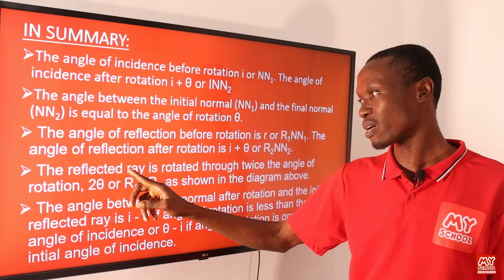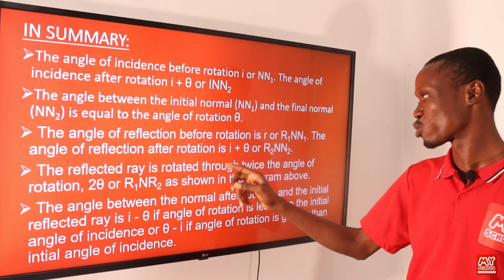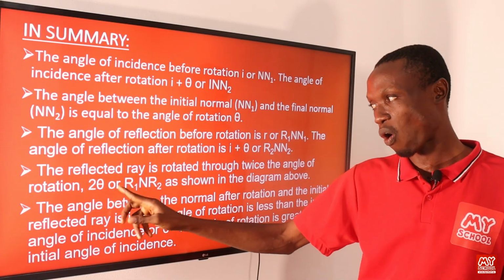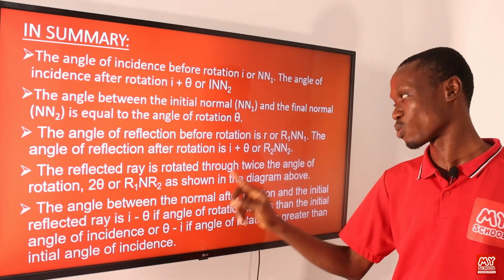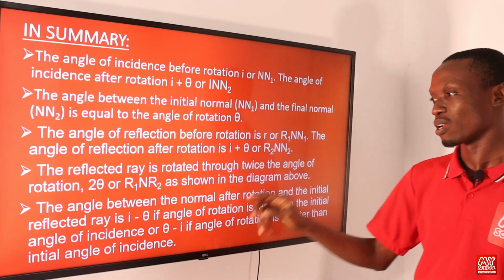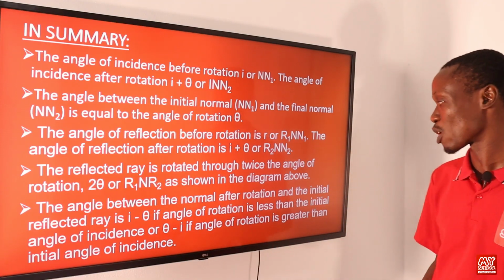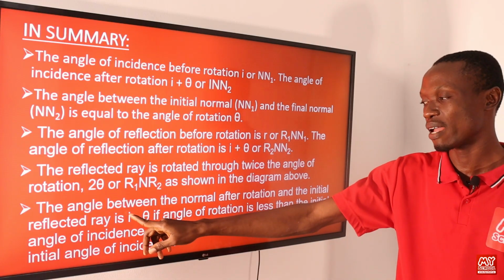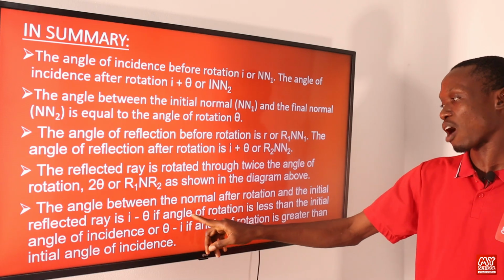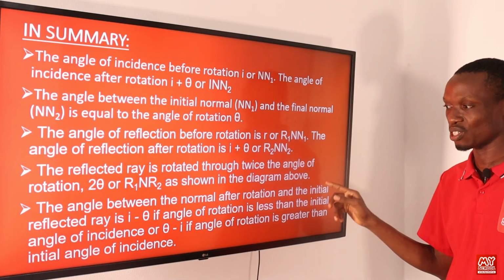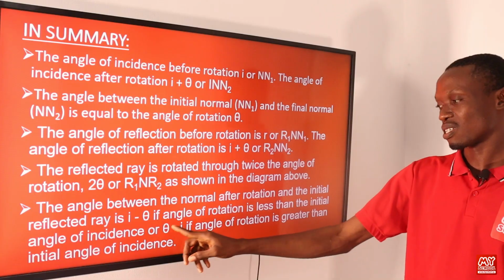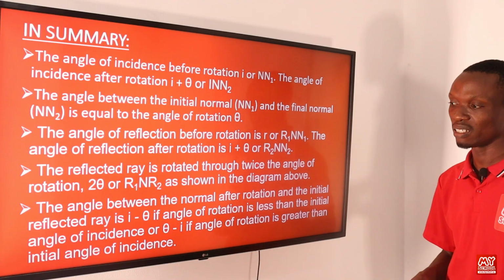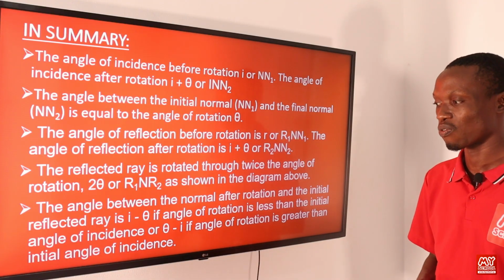So the reflected ray is rotated through twice the angle of rotation, which is 2 theta, or arrow 1 N arrow 2 as shown in the diagram above. Now the angle between the normal after rotation and the initial reflected ray is i minus theta if the angle of rotation is less than the initial angle of incidence, or theta minus i if the angle of rotation is greater than the initial angle of incidence.